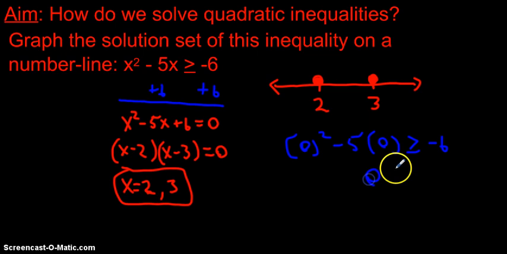So 0 is greater than or equal to negative 6. That's true, and because that's true, 0, which is located over here, is in the solution set. That means this is our solution set, here and here.